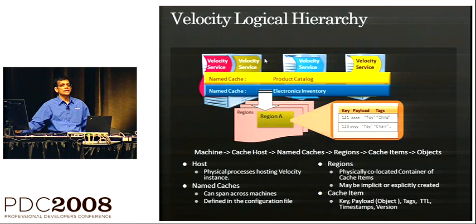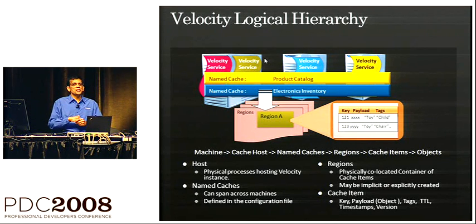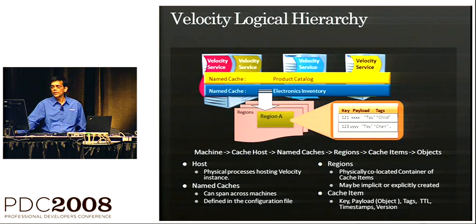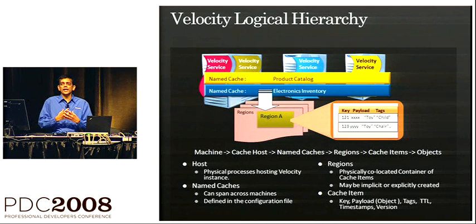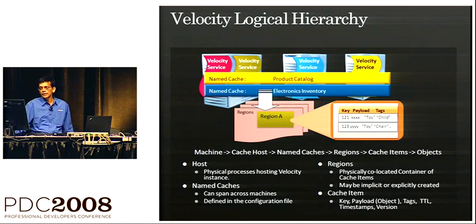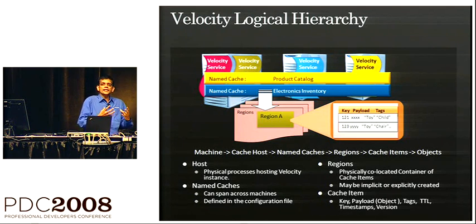For the product catalog, I might say it's reference data, so I might not have eviction on. You can have a bunch of policies at the named cache level. The good part is your clients can connect to any of the machines and access the whole cache as if it was just a local cache available to the application. Within the named cache, we have the notion of regions. Regions are sort of like tables. They're basically just containers.